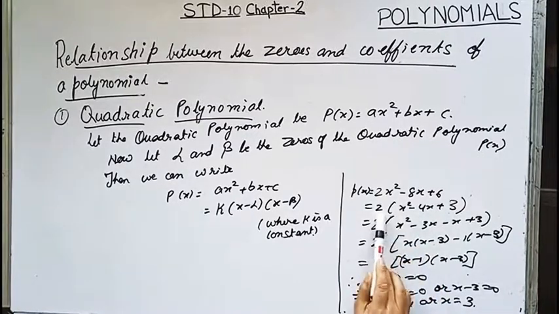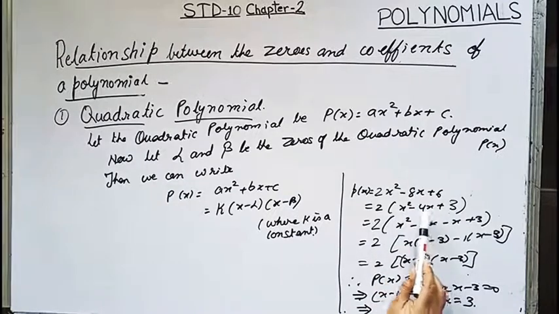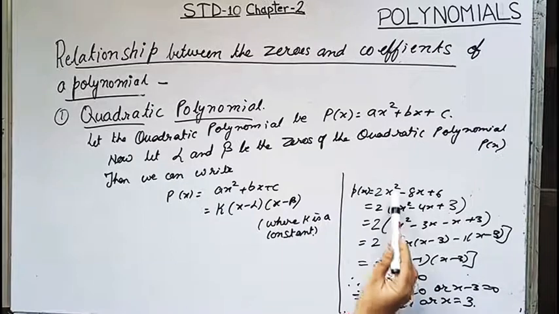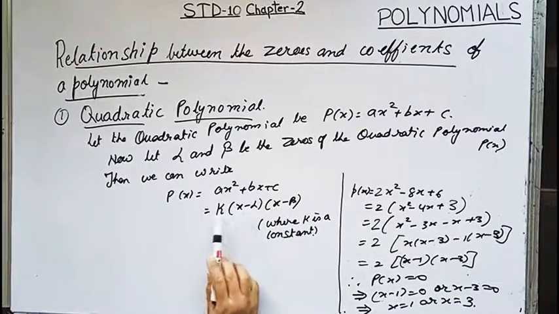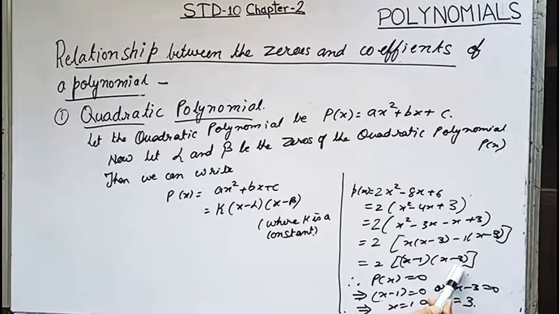After taking out 2 common, we are left with x square minus 4x plus 3, and when we factorize it, we get this quadratic expression as 2 into (x minus 1) into (x minus 3). If I compare with the general form, we can say k equals 2, alpha equals 1 and beta equals 3.